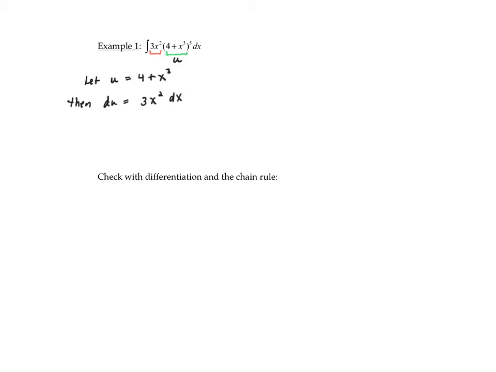Now if you go back up to the original problem, notice that there's a 3x squared here and a dx here. Those two things together are going to get replaced by du. This piece that's underlined in green here is going to get replaced by u. So now we're ready to rewrite our problem in terms of u.